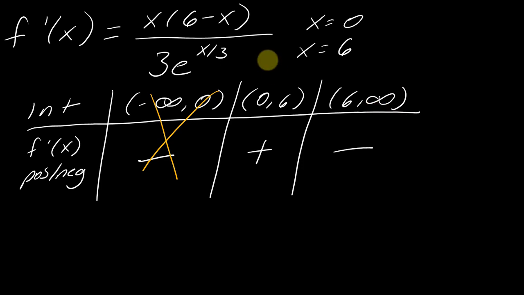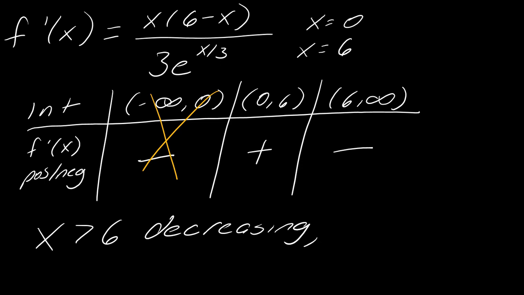And I want to know at what point this is decreasing? It's decreasing after 6. At 6, this equals 0, so we don't want to include 6. For all x's over 6, this will be decreasing.